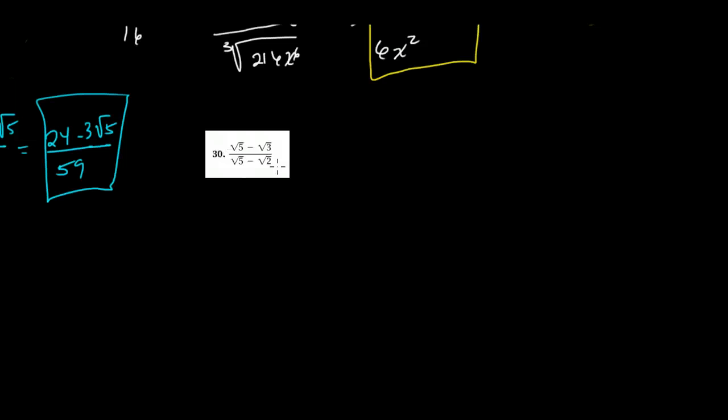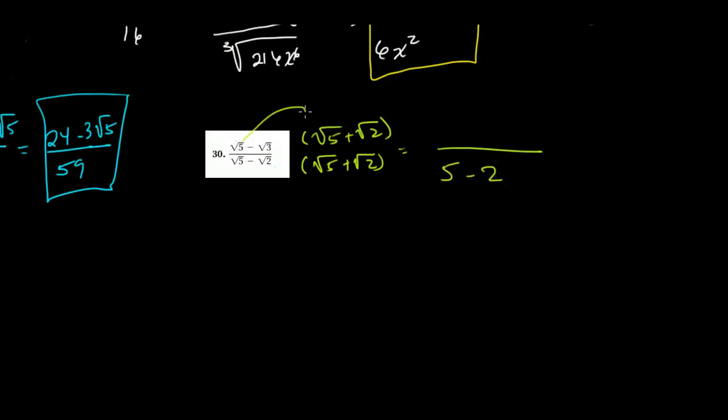Let's take a look at one that has another radical expression that requires us to use our conjugate. Our conjugate in this case would be radical 5 plus radical 2. And we'll multiply that by the numerator and the denominator. In the denominator, that's the easy part, that gives us 5 minus 2.